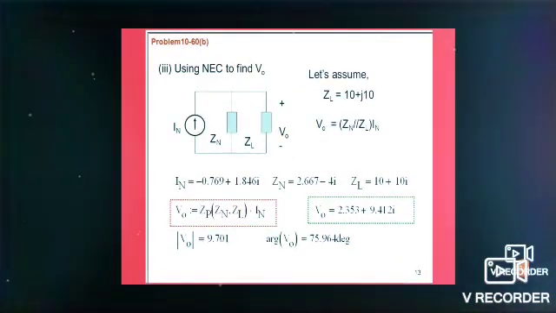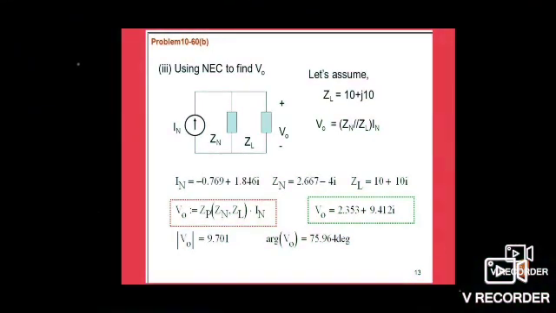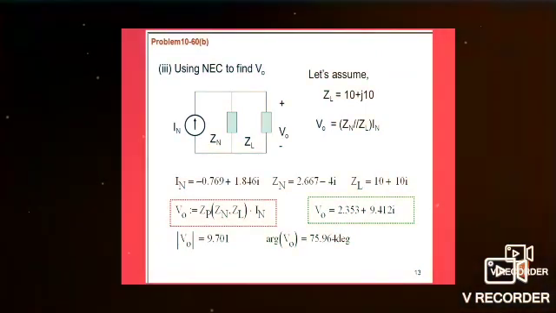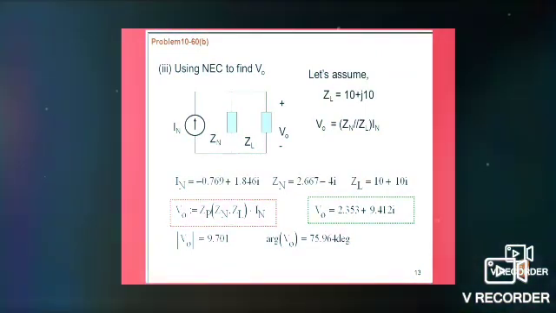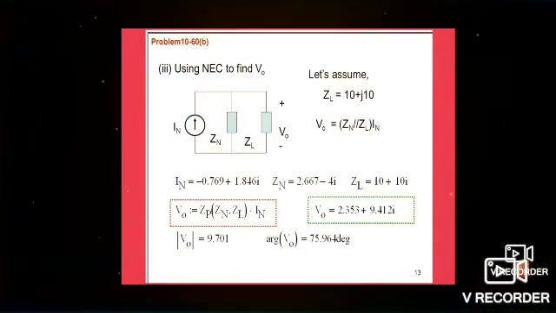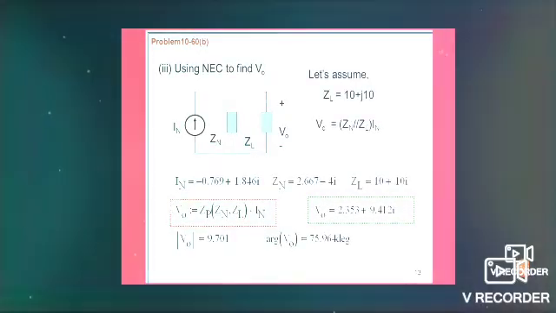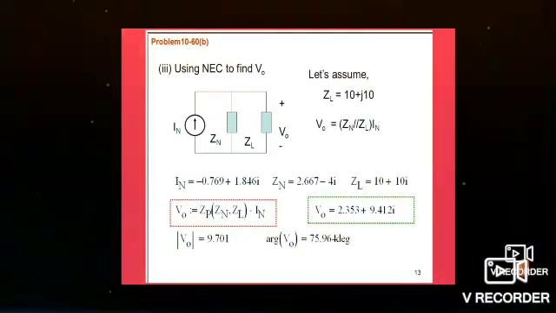Now the Norton equivalent circuit is drawn with the help of Norton's theorem. IN is the short circuit current source, Zn is the Norton impedance and ZL is the load impedance. Let us consider ZL as 10 plus J10 ohm. Then V0 is found by applying the current division rule.